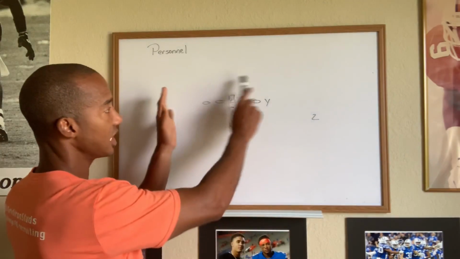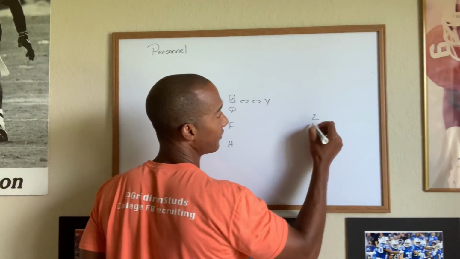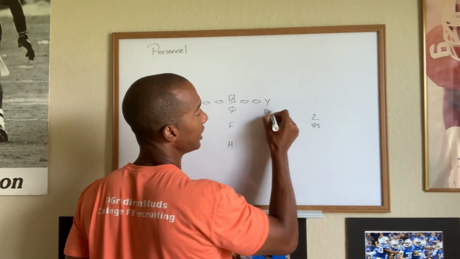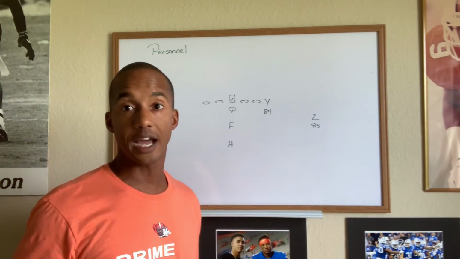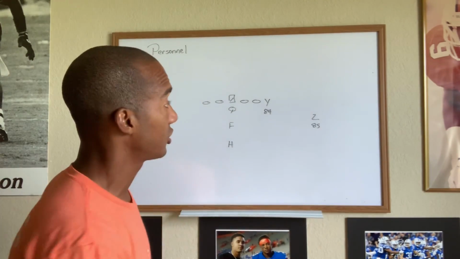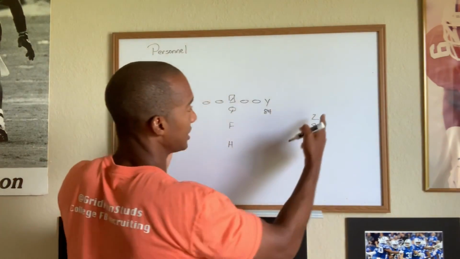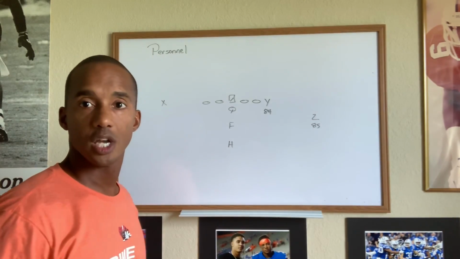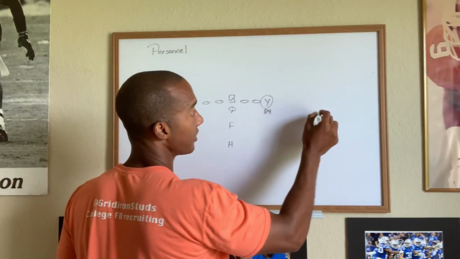So it's not necessarily the formation, because this right here could be number 85, and this could be number 84. As I've told you, the tight ends through our film study are number 85 and number 84. So because this tight end is lined up out here, that doesn't make this 21 personnel. This is a tight end and that's a tight end.